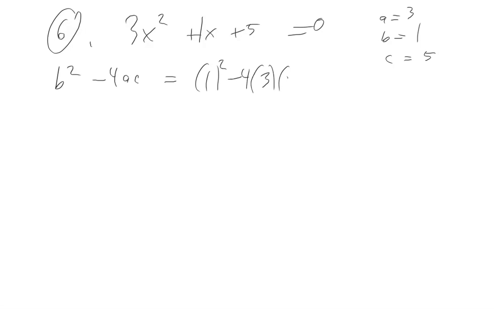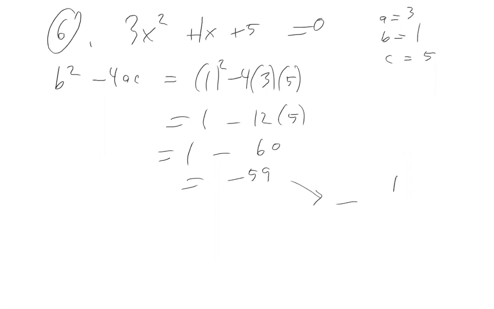So I got the c and the b mixed up. So 1 squared is 1 minus 4 times 3, that's 12, times 5 is 60. So 1 minus 60 equals negative 59. Now, if the discriminant is negative, then that means there's two imaginary solutions.